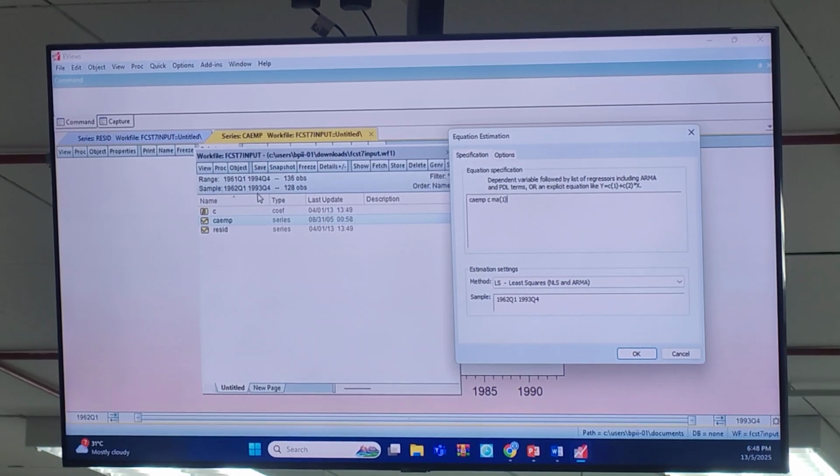The range of data that we use is until the last quarter, since it's actually quarterly data.